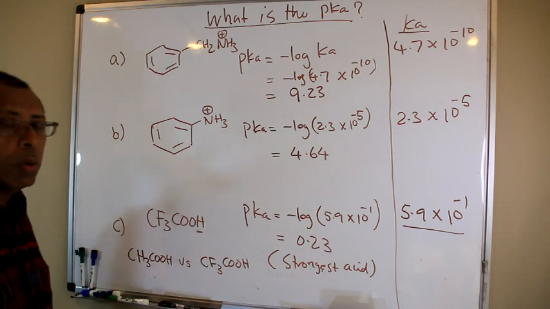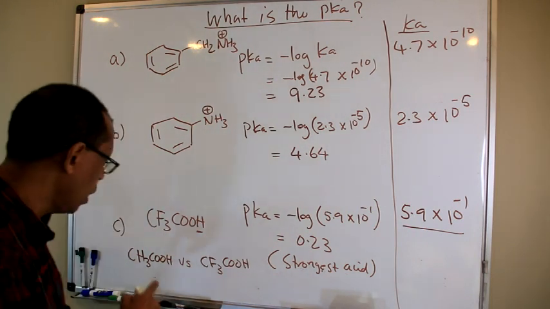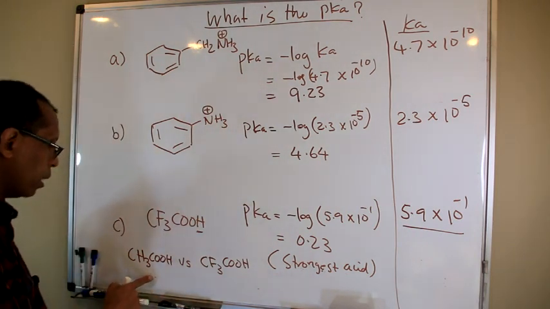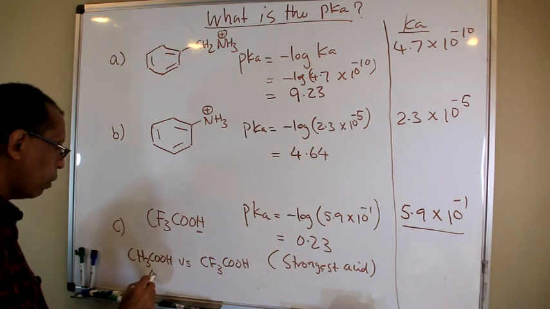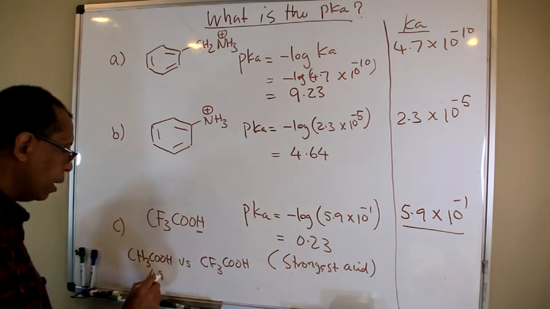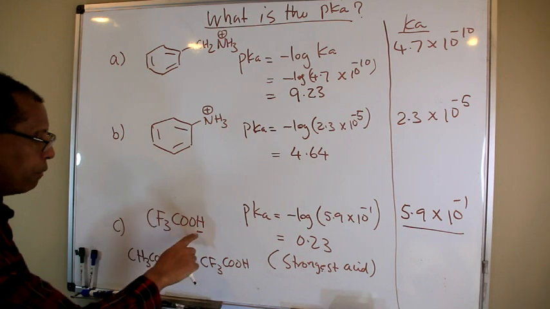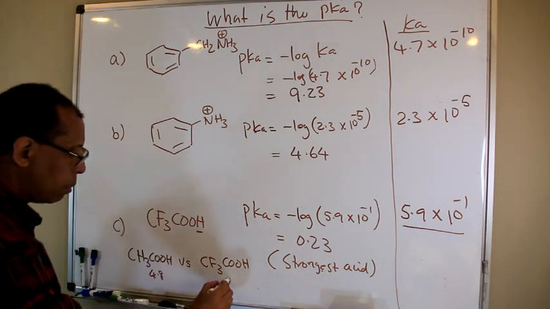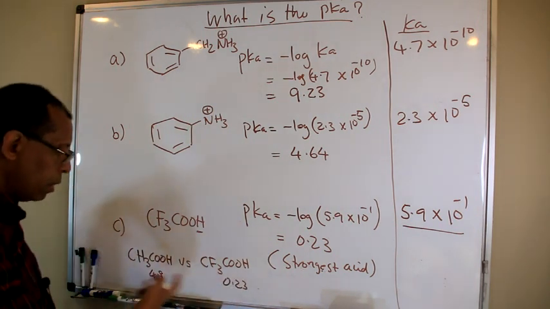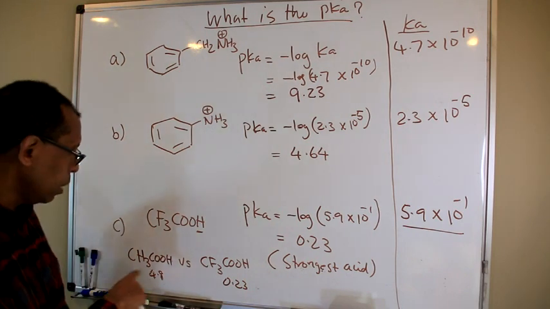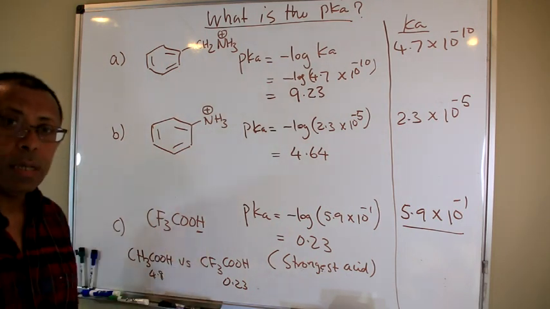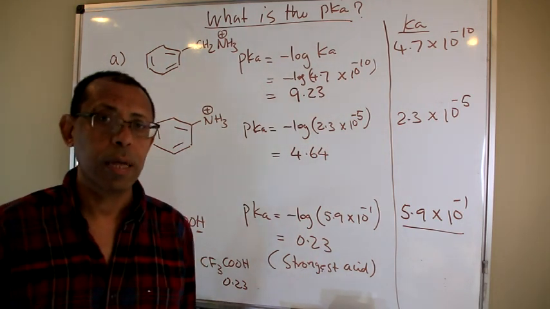So that's not what the difference is. The pKa value for acetic acid is close to 4.5, 4.8, let's say. But trifluoroacetic acid has 0.23. Very big difference in terms of acidity. The trifluoroacetic acid is a very, very strong acid.